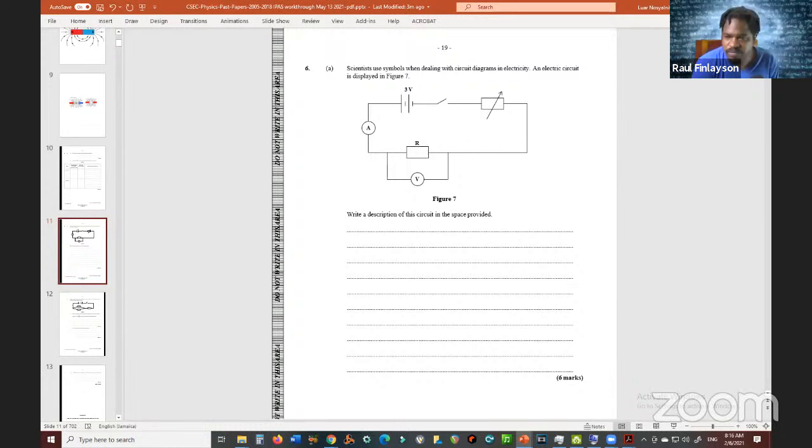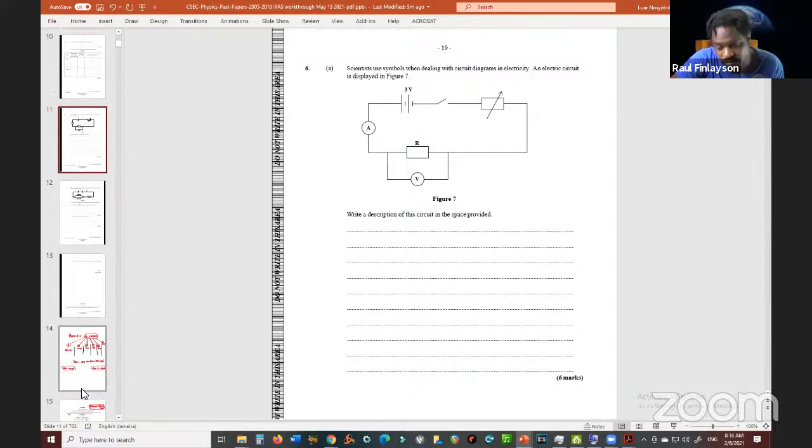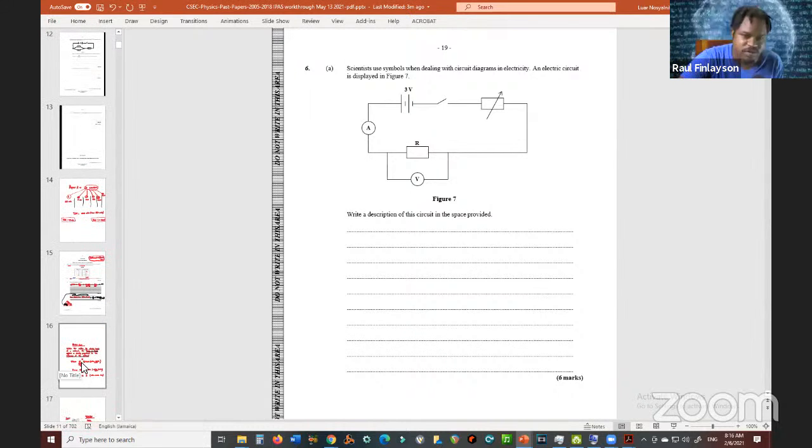We're trying to get you guys to understand how to work these electrical questions. We're still not there with the concepts; we still need to look at some other types of electrical questions to be even more ready.